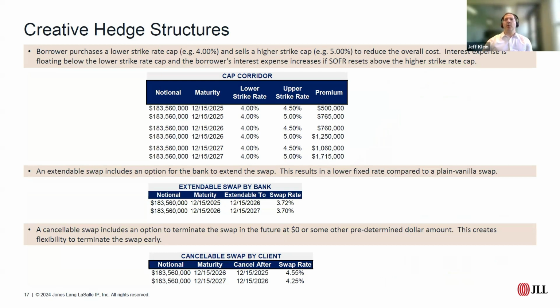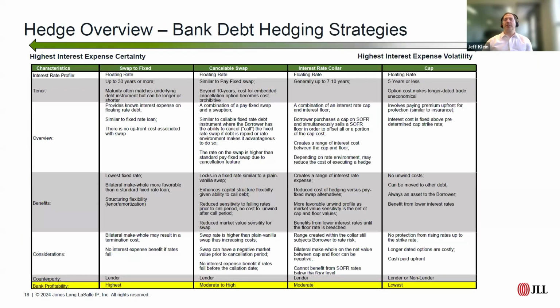We can get into these if you want, but ultimately, I think the goal of this particular presentation was to just do this overview for you, starting with what's driving interest rate volatility, getting into how the forward curve can differ from the information that the Fed is sharing with us on a quarterly basis, and then finally putting constraints in to come up with the hedge structures and the hedge prices that we use in our practice.